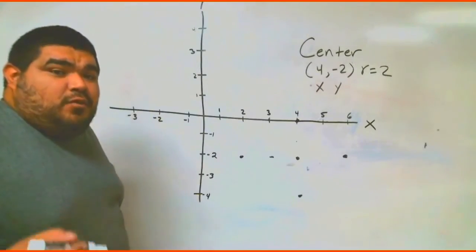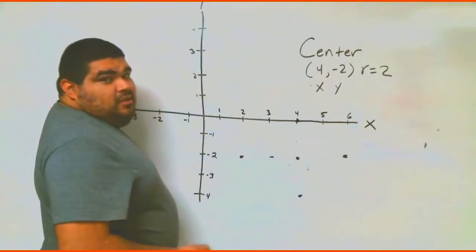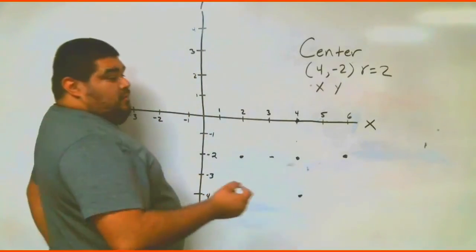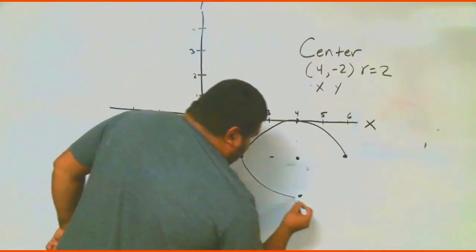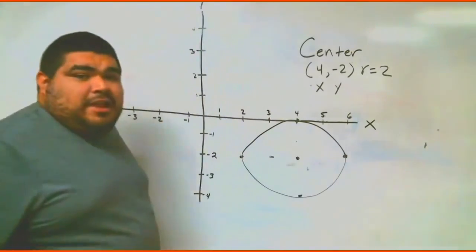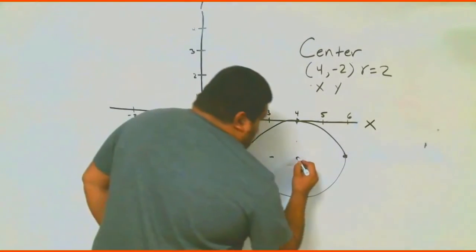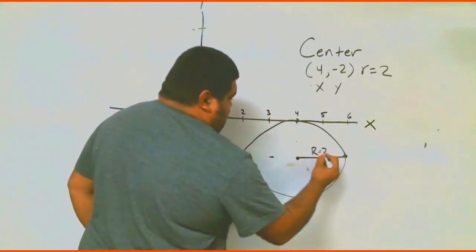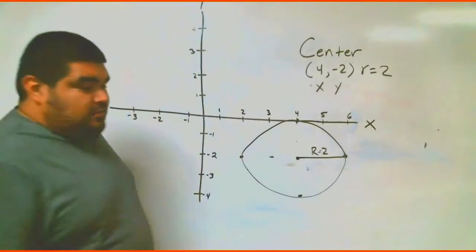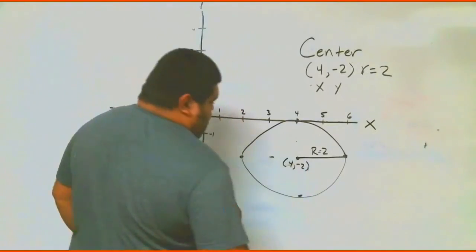Now that we have our 4 points, remember, we went 2 in every direction. Now we can connect the outer layer. We're going to connect all the outer points. Now that we connected them, we have our circle with a radius of 2 and our center at 4, -2.